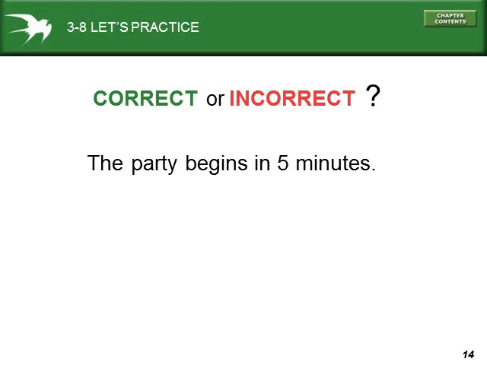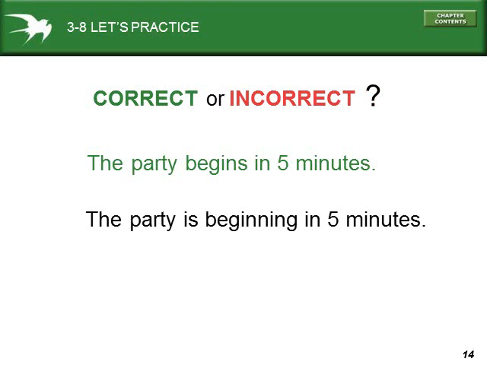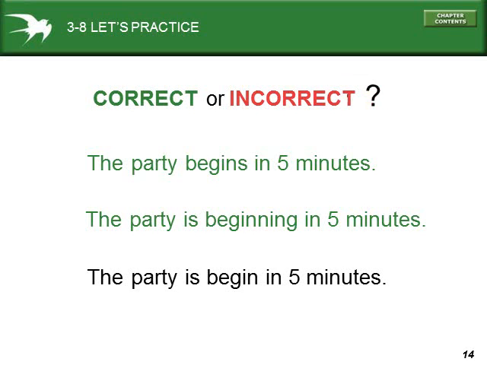What about this one? The party begins in 5 minutes. This is correct because "begin" is one of those schedule words where we can use it, like "starts." Or we can also say "the party is beginning in 5 minutes," and we can also say "the party is going to begin in 5 minutes." But what we can't say is "the party is begin in 5 minutes."